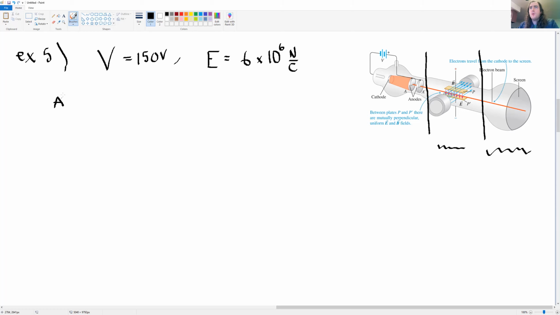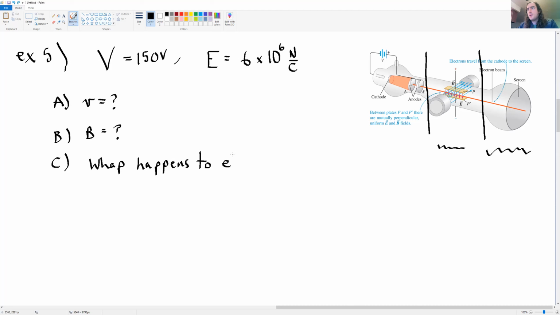In part A, we want to know how fast these electrons are moving. In part B, we want to know what magnetic field is going to give zero deflection. And in part C, we want to know what happens if we increase V. E minus stands for electron, so E minus beam is the electron beam.